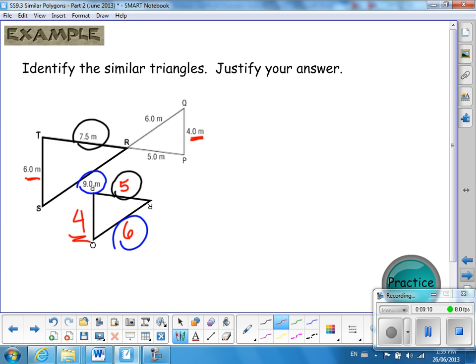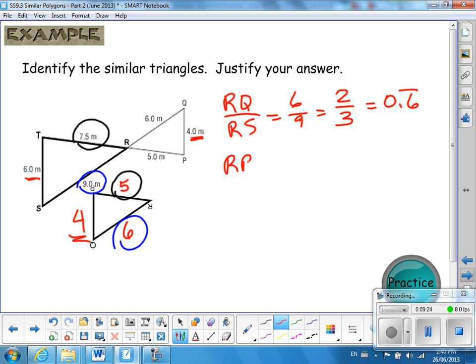So let's see if the scale factor is the same. QR matches RS, so we have 6/9, which is 2/3, or 0.6 repeating. RP matches RT, which is 5/7.5, and it's 0.6 repeating.